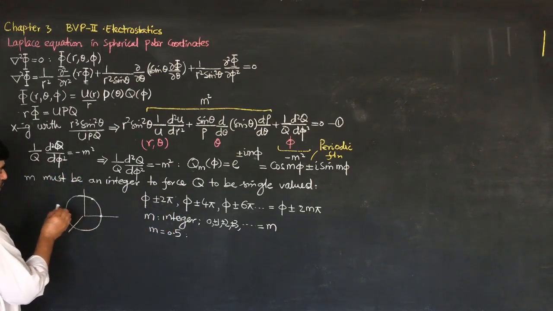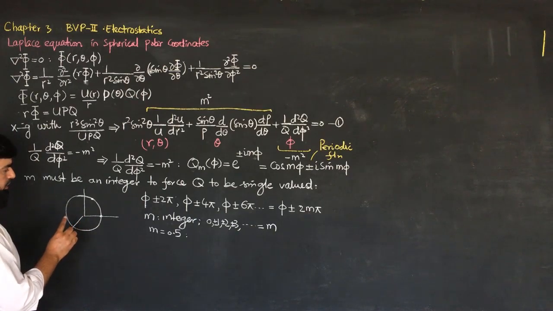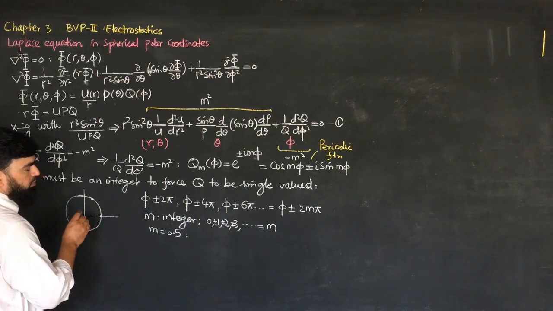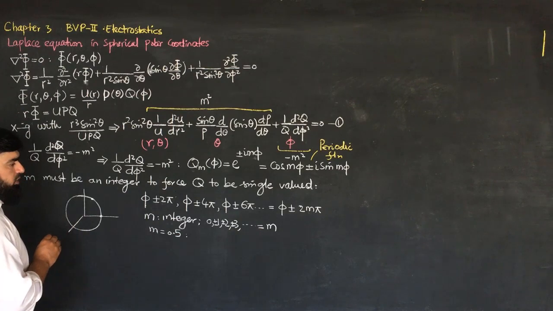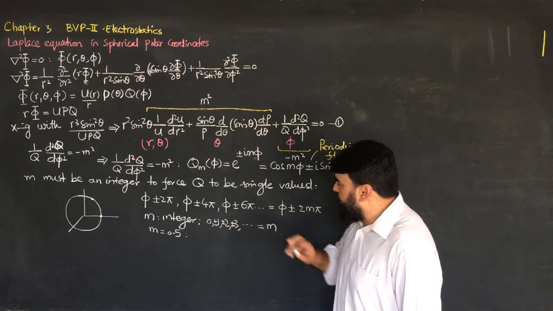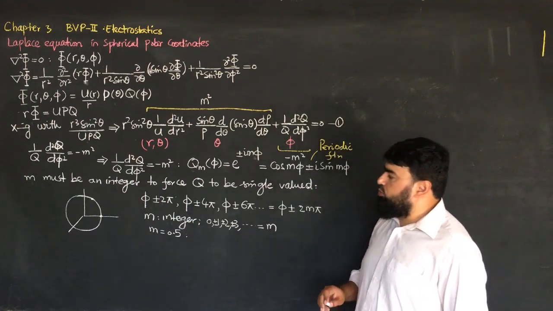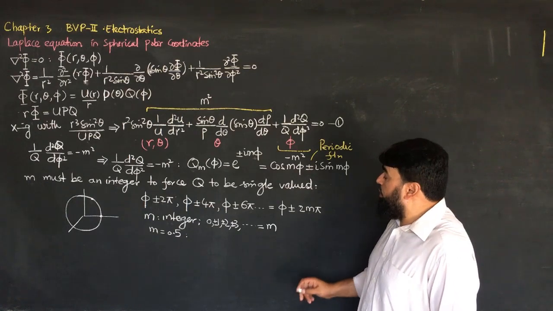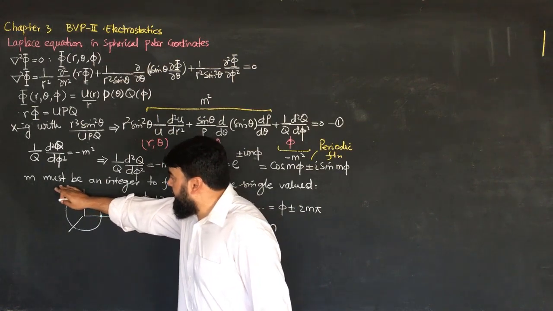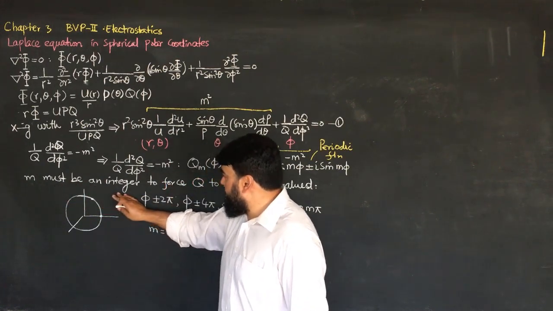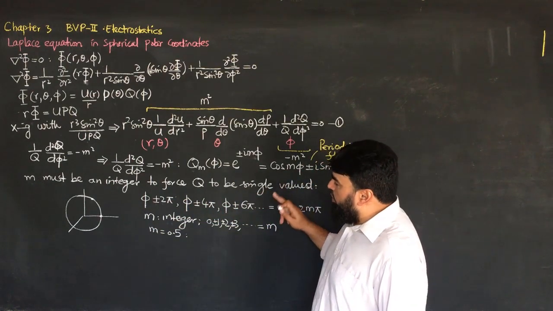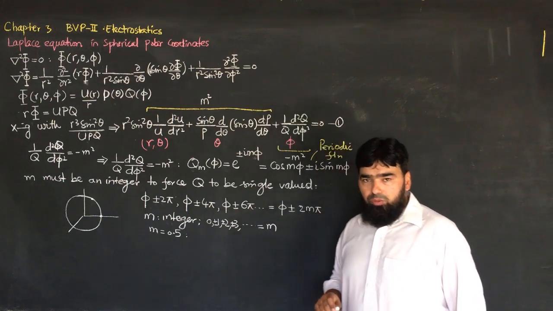So I will be somewhere else on the surface of the sphere, and this makes the two points not unique but different points. That's the reason that mathematically m is supposed to be an integer, while non-integer values are not acceptable because they give us two different points. And that's the reason Jackson writes that m must be an integer to force q to be single valued. For non-integer m, we would have two different values of q.